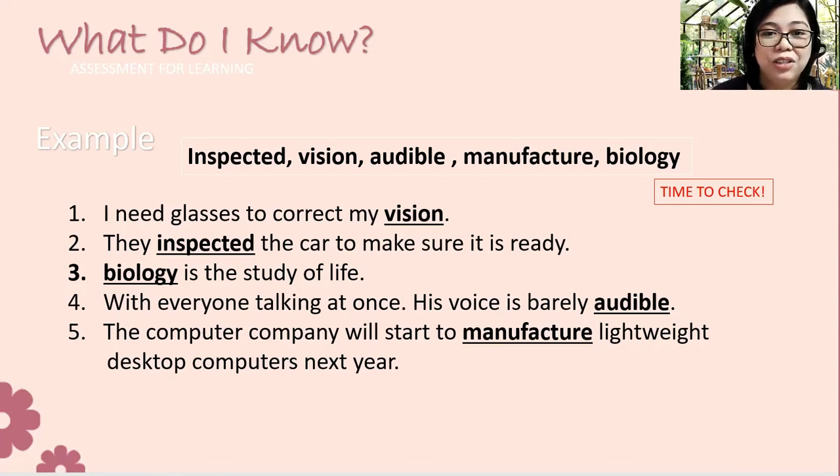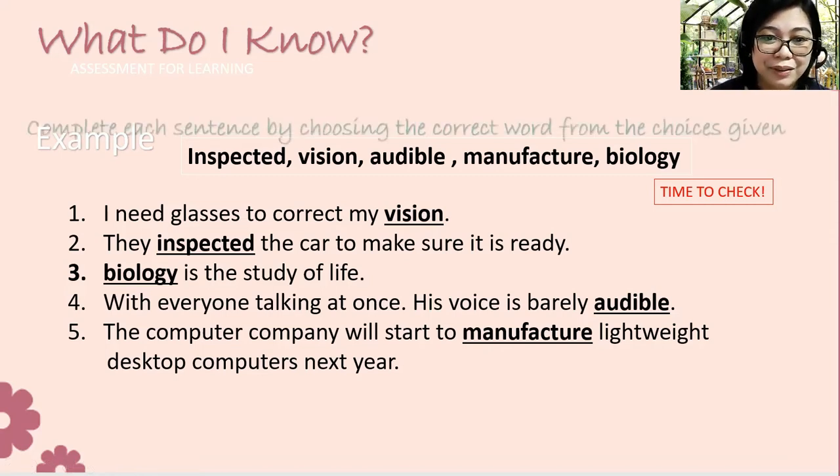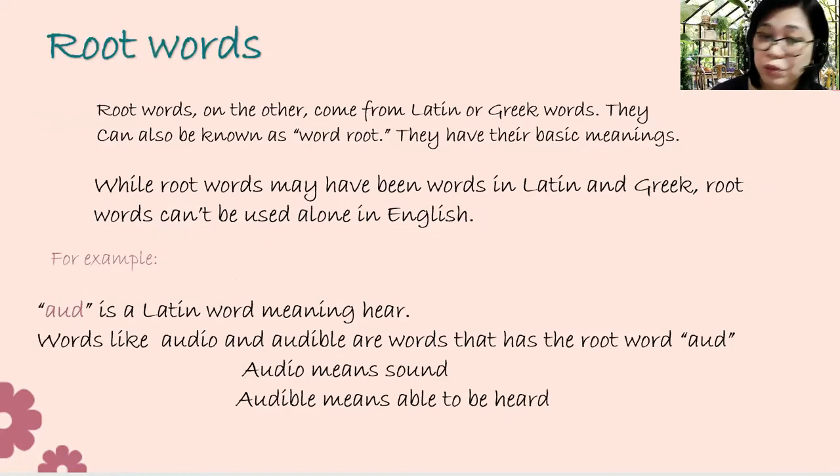How did you know the answer? You're trying to get the meaning of the words through the parts of the word. Today, we're going to look at the origin of words, or the root words. We know that base words, which we talked about yesterday, are the simplest form of words and have their meanings on their own.